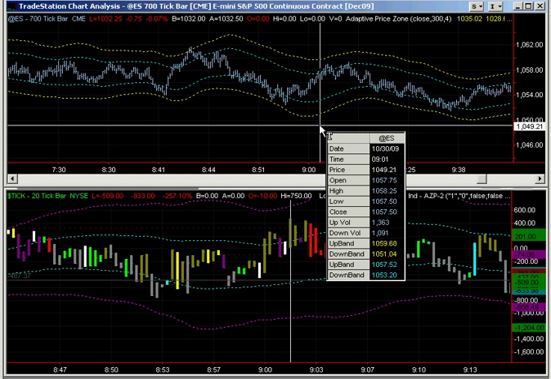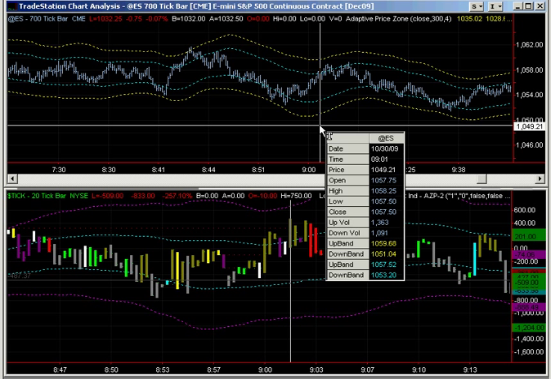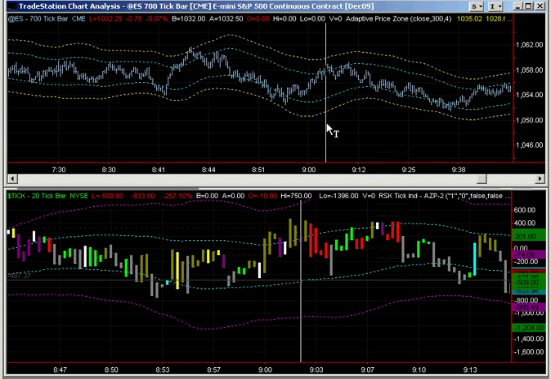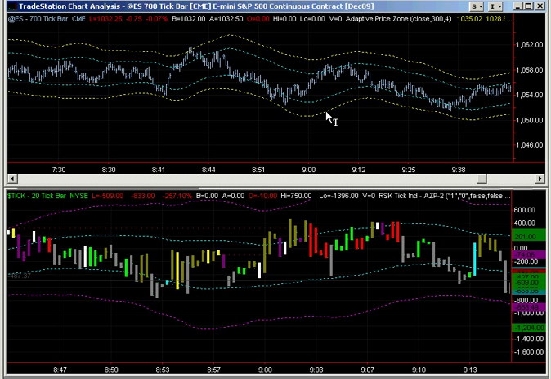We start getting here, we're at a new high on the tick, and there's no loss of strength. We're at another new high. Now what do you see? That corresponds to this bar on the tick. It's weak. You're almost at a new high, and you get a weak bar.